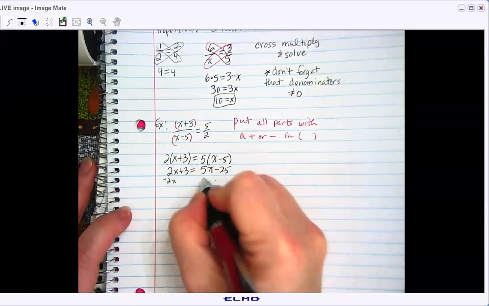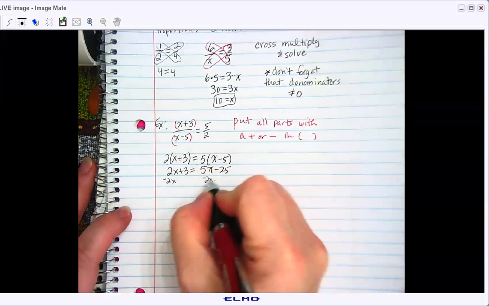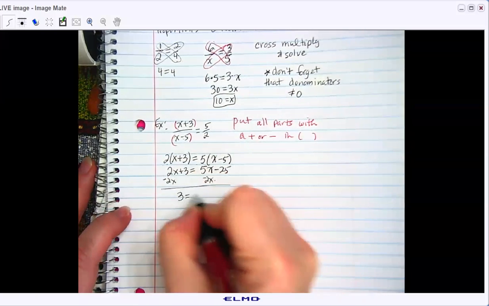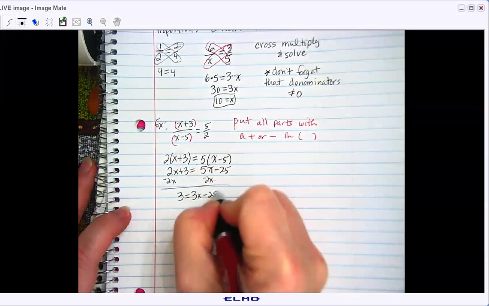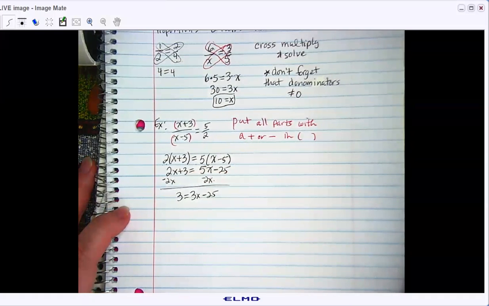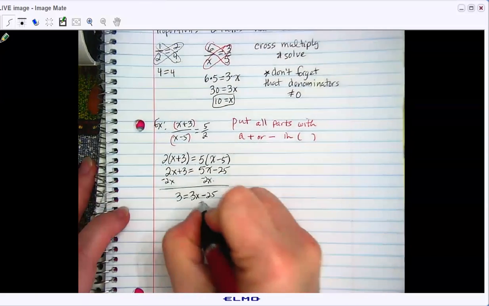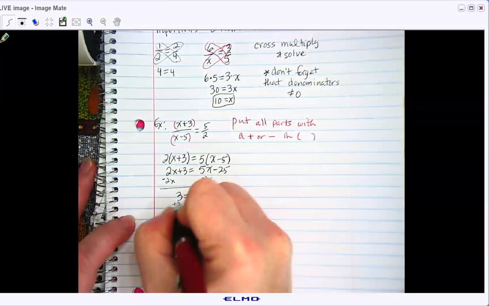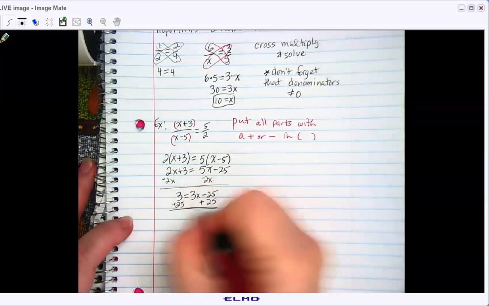So I'm going to subtract 2x. So I've got 3 is equal to 3x minus 25. And then we move the numbers to the other side. Okay. So I'm going to add 25 to both sides. Don't forget when you move it across the equal sign, you have to change the sign.